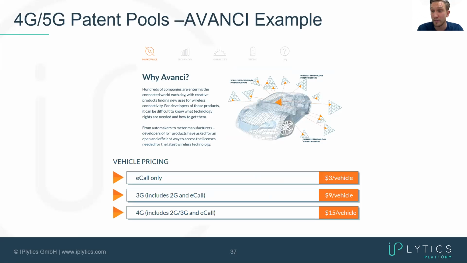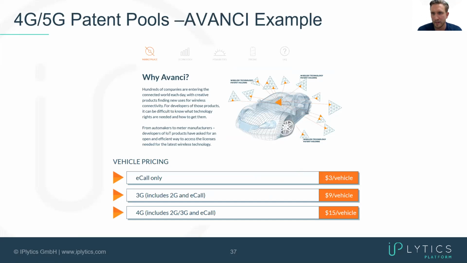It's the same price for your small Fiat 500 as your Ferrari. It doesn't matter how expensive the car is. There might be other cases where it's different, but in patent pools, what I've seen, it's typically per device, no matter if it's a more or less expensive one. So just so you are aware, it is very typically per device.